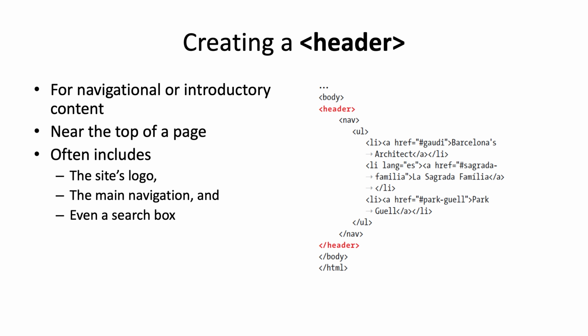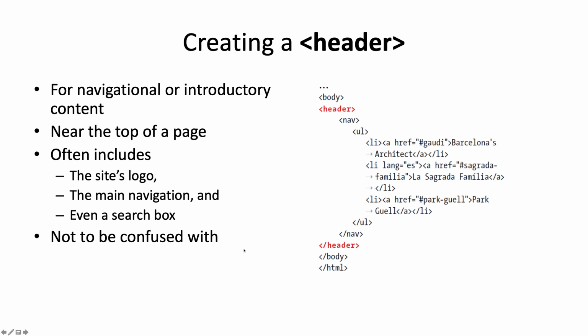So this is the example. So you have the header, and inside the header, you could have your navigation bar, and maybe say a logo or search box as well.